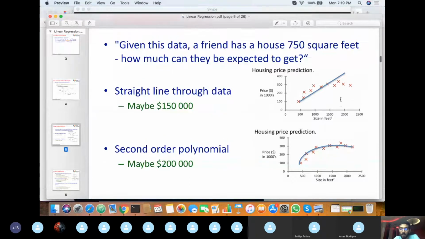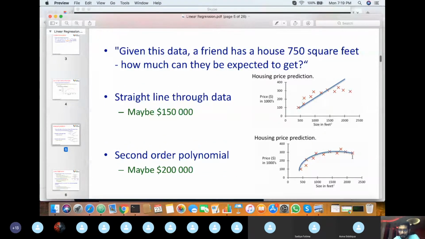But the drawback is that since I'm fitting the line like this, my line is going to keep going downwards. So it's not possible for me to extrapolate. Probably as the square feet increases, the price might be $400,000, but that value is way above my line because my line is constantly coming down.